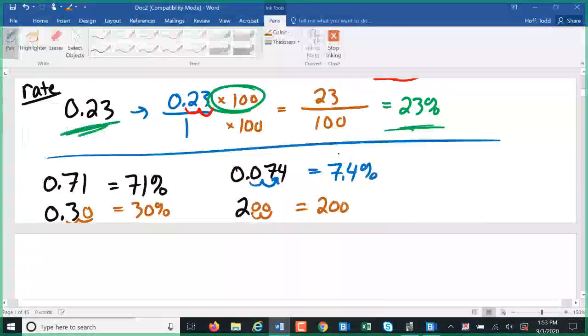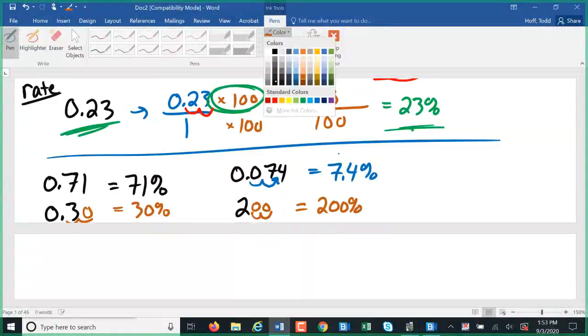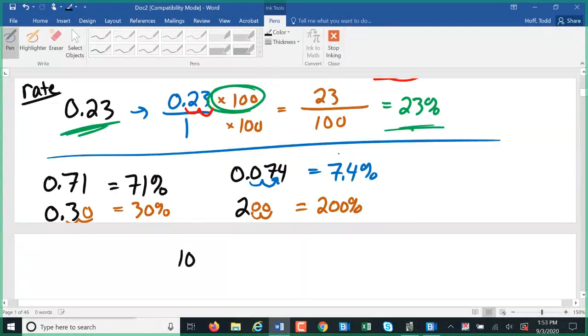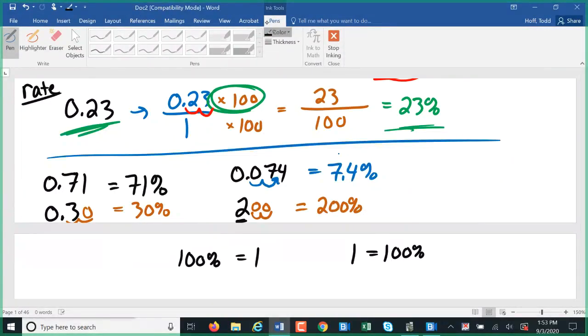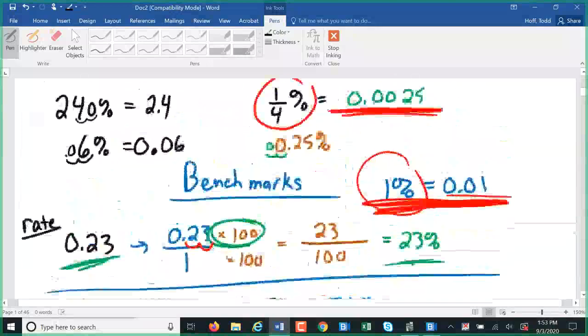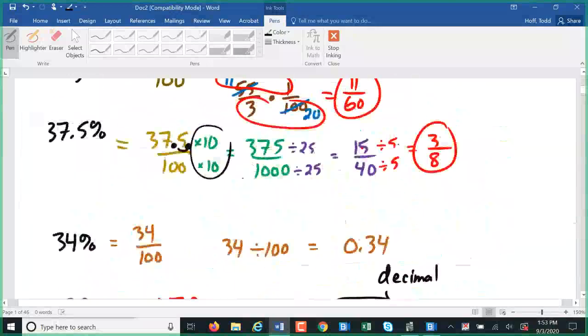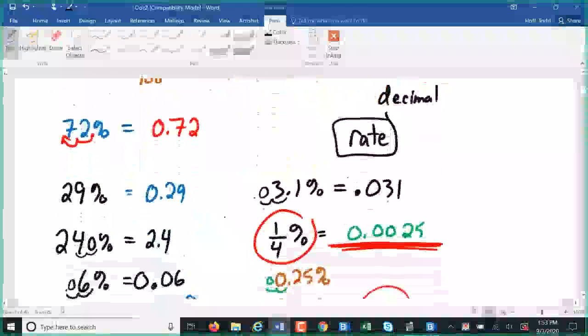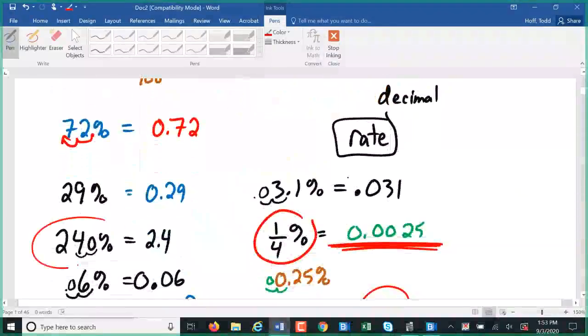That's 200%. Remember, 100% equals 1, or the other way around, 1 as a rate equals 100%. So 2 was bigger than 1, so it's going to have to be something larger than 100%. Just like down here, 240 was bigger than 100, so the rate's going to be bigger than 1.